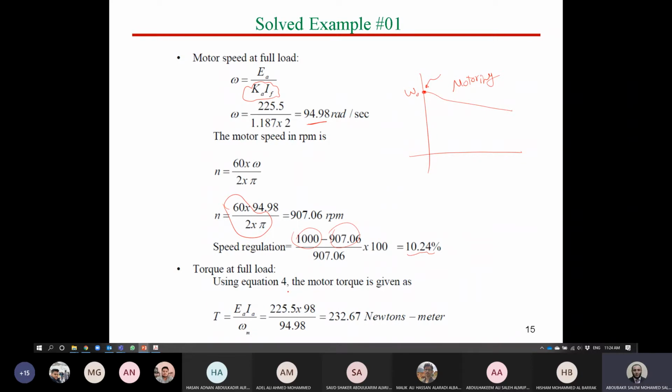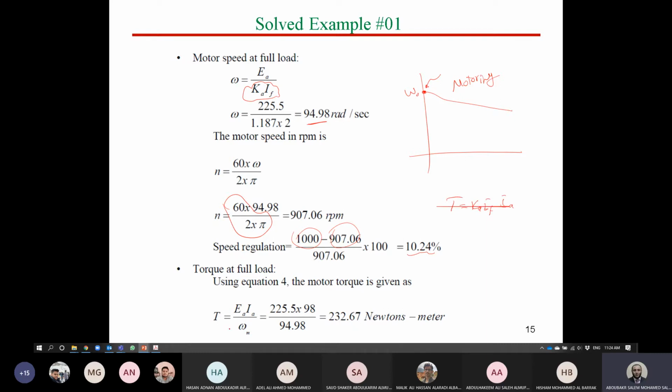Then we need to calculate torque. So simply we can say now torque equals EAIA over omega m. This is giving you the value of torque. طبعا here we said we can calculate torque directly as torque equals KAIF multiplied by IA.